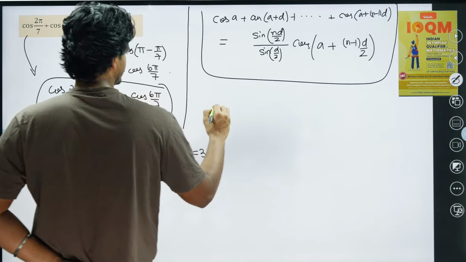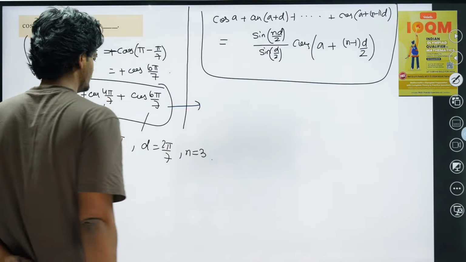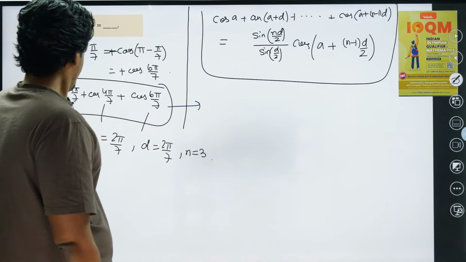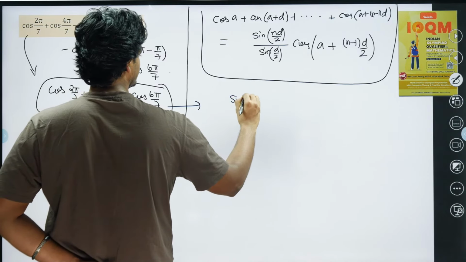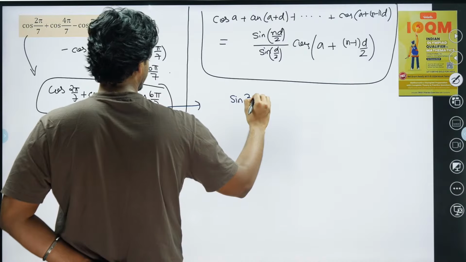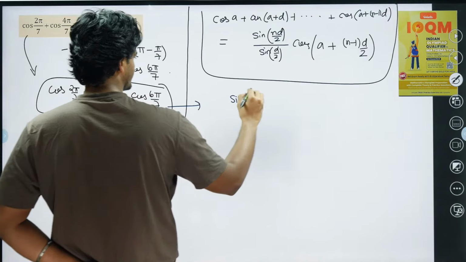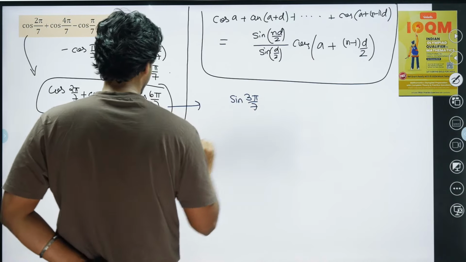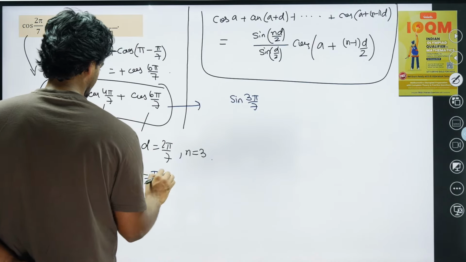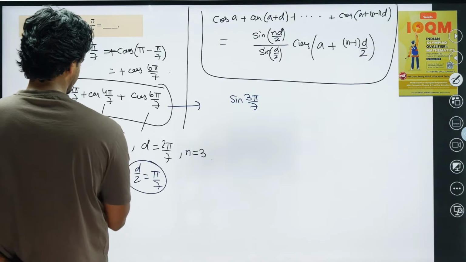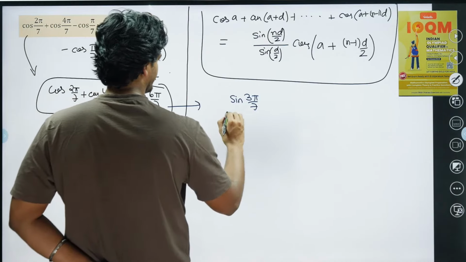And what we get is, this will be equal to sine 3d by 2, which is pi by 7. So d by 2 is pi by 7, and A is this, N is 3.